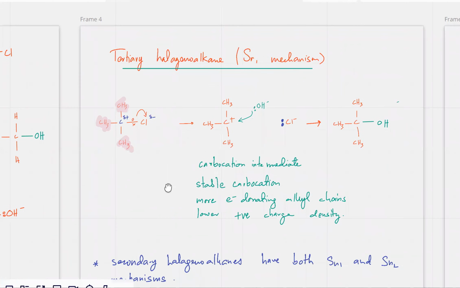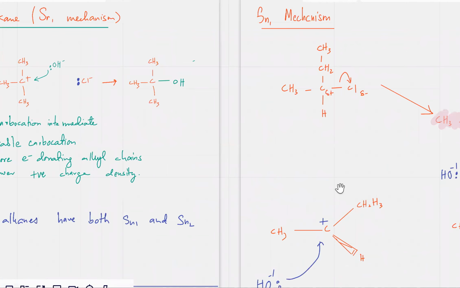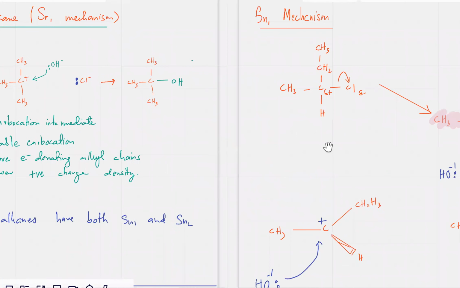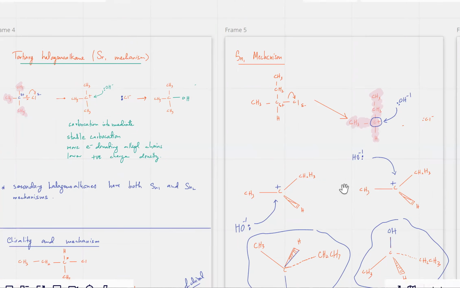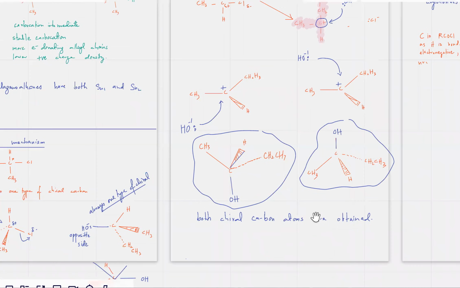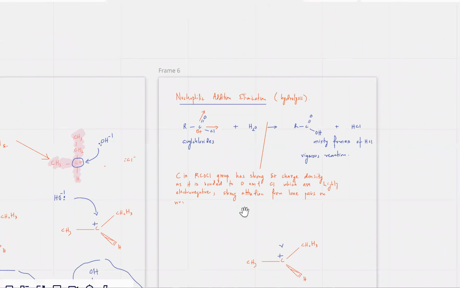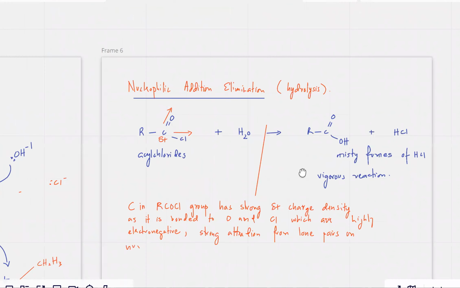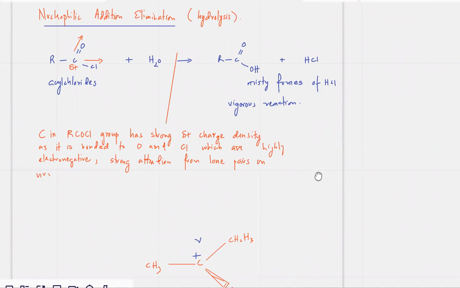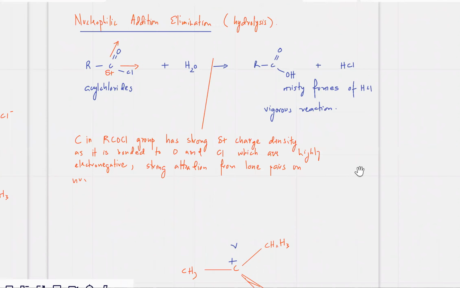So we did all of that, and we also talked about chirality. This is something that we did yesterday, and then we started talking about nucleophilic addition-elimination.